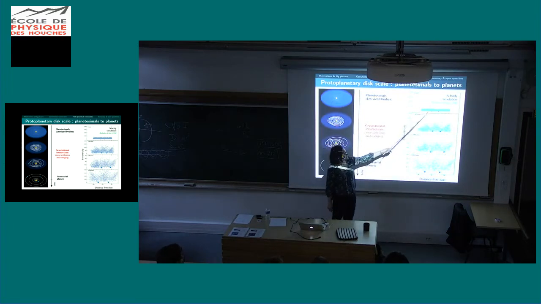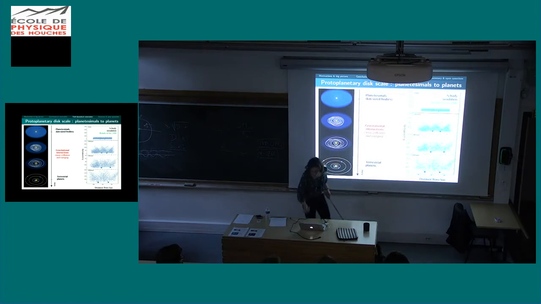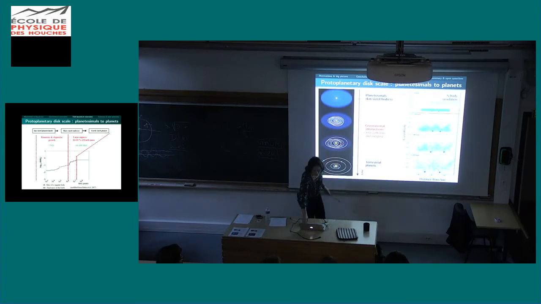You start from a system where you have 2 planetary embryos and a number of planetesimals, and you look at how this system evolves over time. You see that the planetary embryos grow over time. Their size here is related to their mass. They grow bigger and bigger. So that's just to give you an example of the tools that are used for this stage.